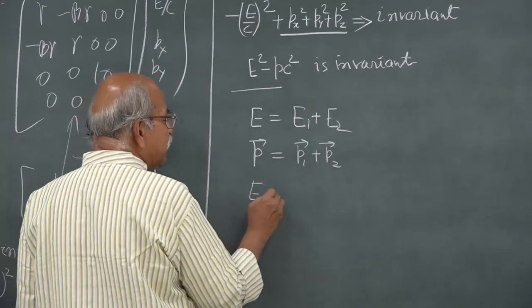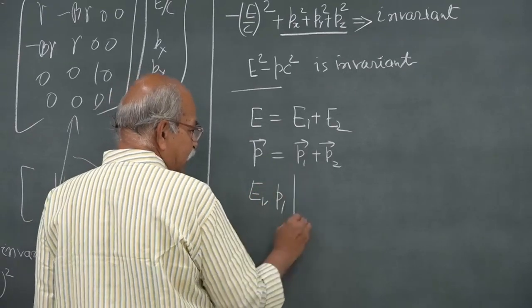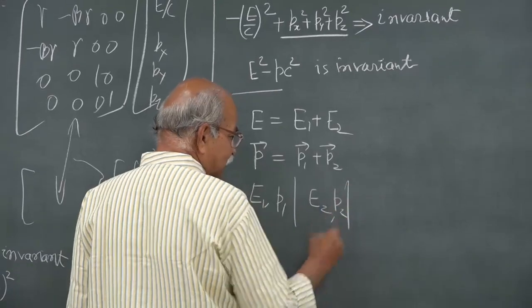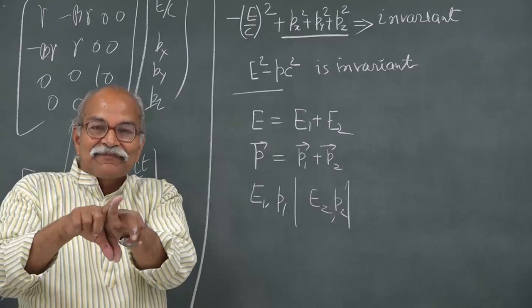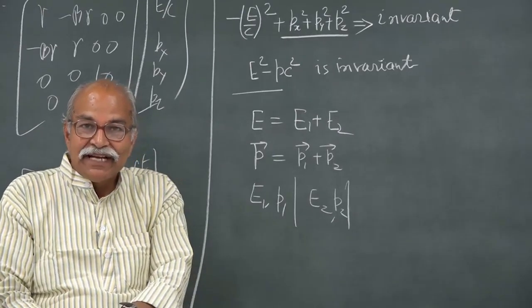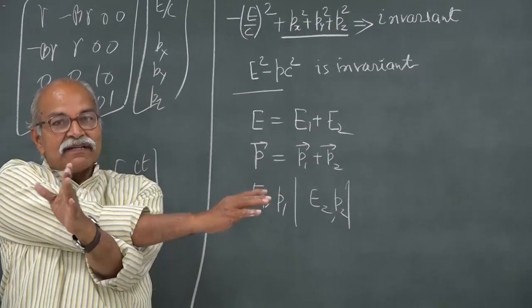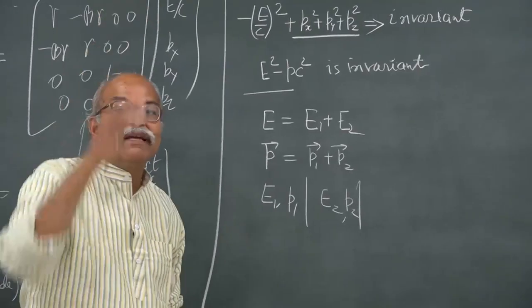And if this E, P is a 4-vector for the first particle, and E2, P2 is a 4-vector for the second particle, and two 4-vectors when you add remain a 4-vector, right. In our 3-dimensional geometry, if you have a vector, you have another vector, you add and you get a third vector.